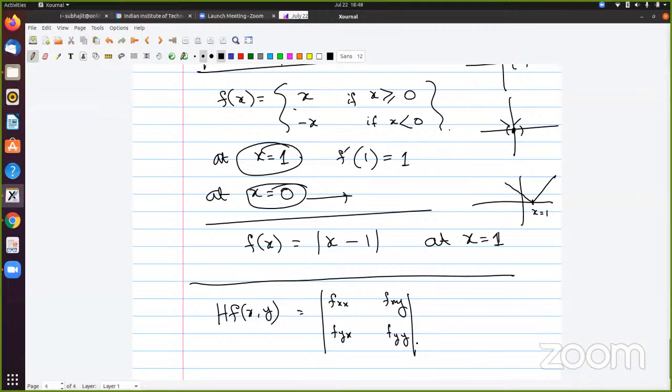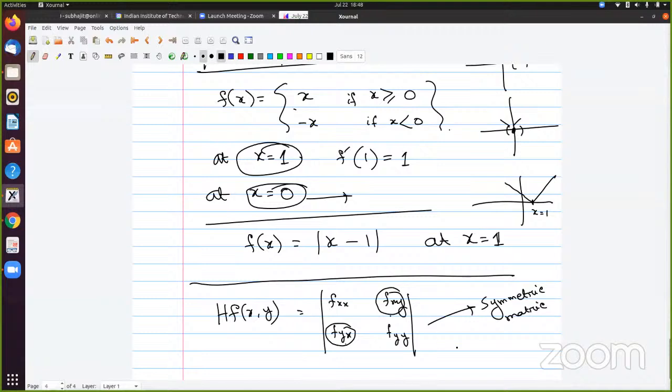Now, when a function satisfies the condition of Clairaut's theorem, that means fxy and fyx are both defined and continuous, they are equal. So these two are equal. But in the example we just calculated, these two are not equal. So that only affects the Hessian matrix, because when they are equal, it is a symmetric matrix.